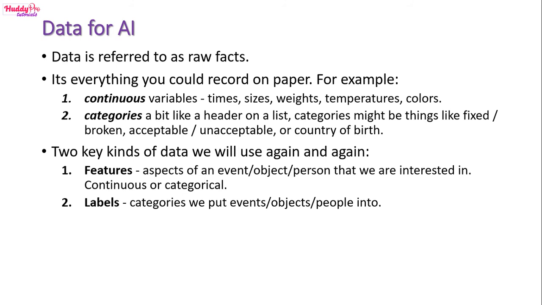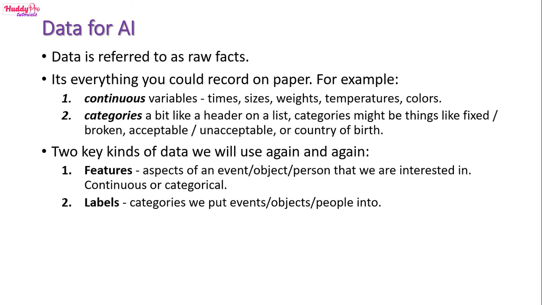For example, data can be continuous or it can be in the form of categories. We can have continuous variables like times, sizes, weights, temperatures, colors. With these continuous variables, we are talking about things which can be measured as numbers.